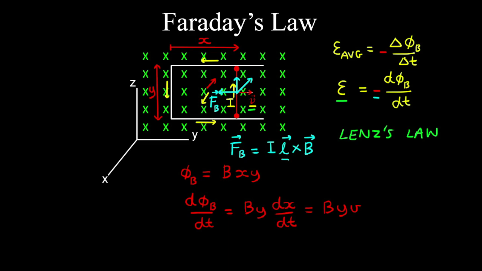And in that case, energy would not be conserved, and the rod would just keep accelerating to the right, to infinity. So therefore the EMF, due to the change in magnetic flux, is equal to minus B y v.